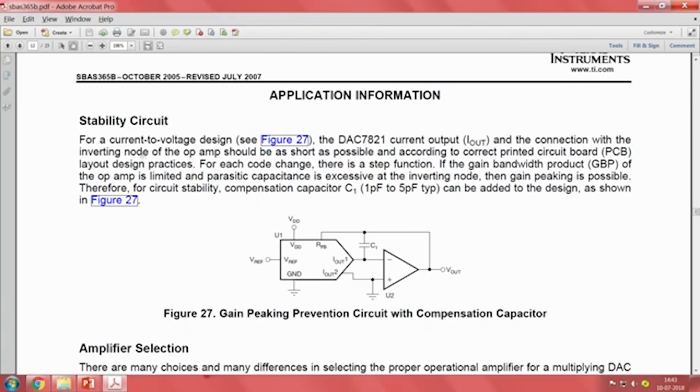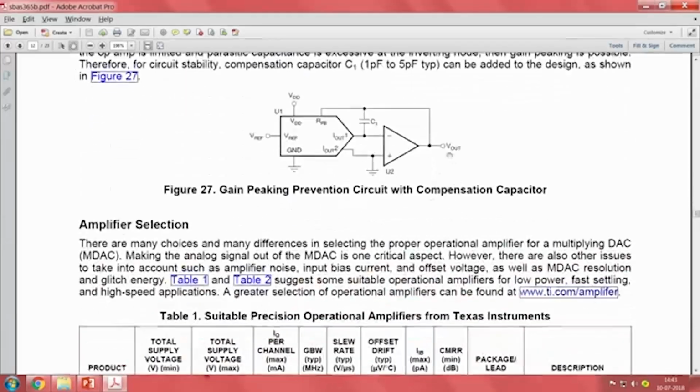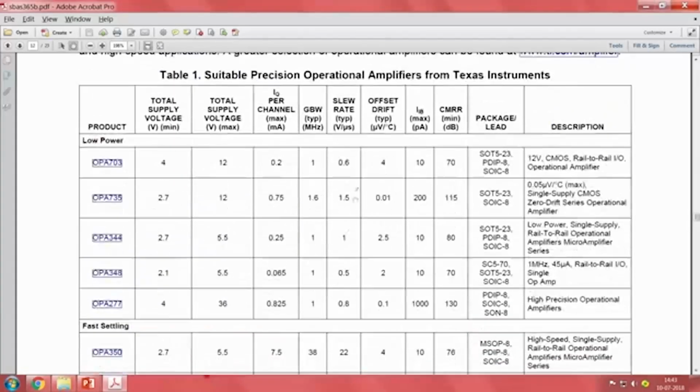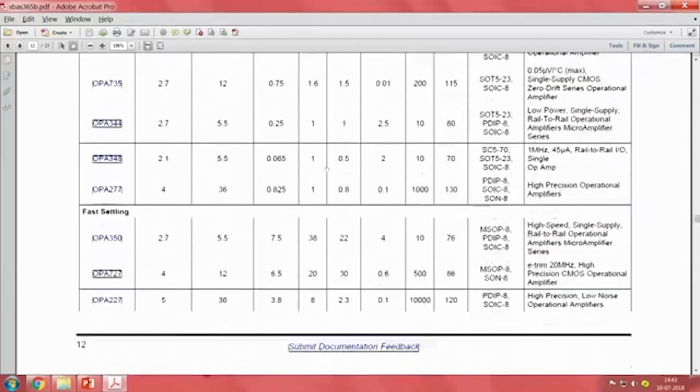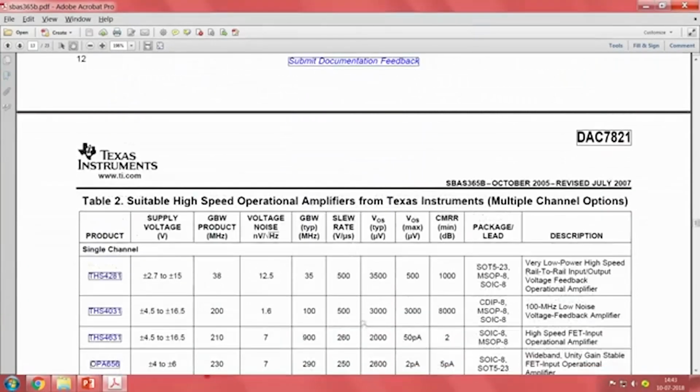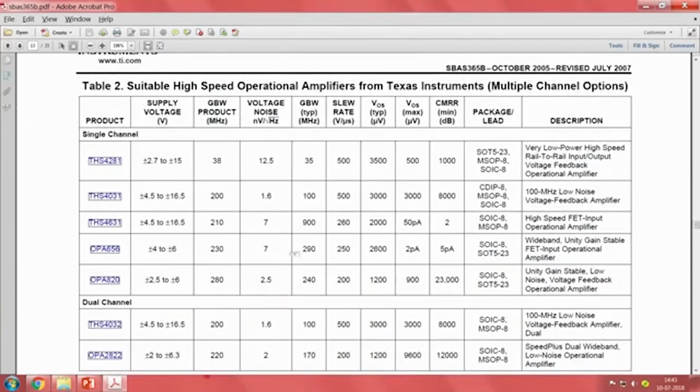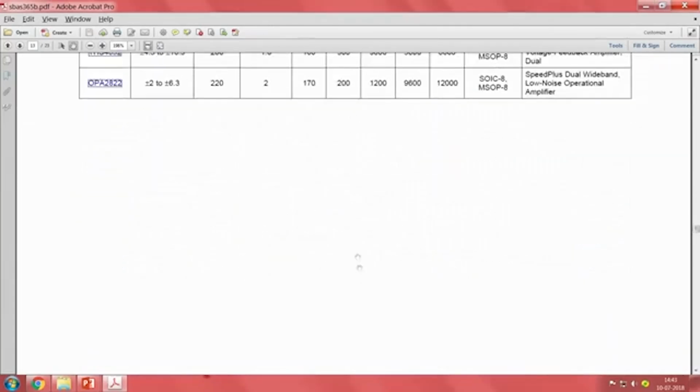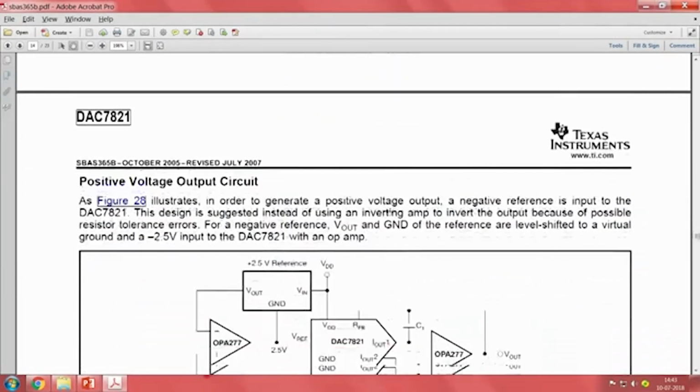They have a stability circuit for current to voltage design, current output and connection. They have a gain peaking prevention circuit with a compensation capacitor, and amplifier selection. These are all peripheral things required for your output amplifier. Let us not go into the details of this.